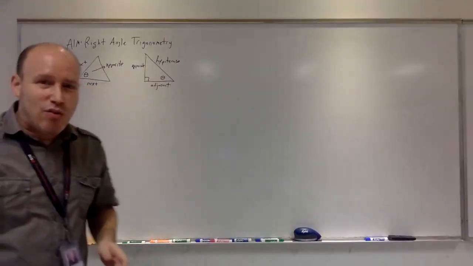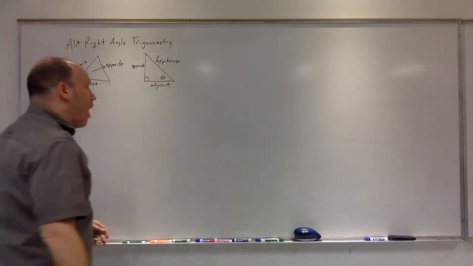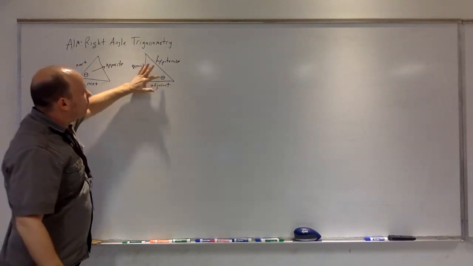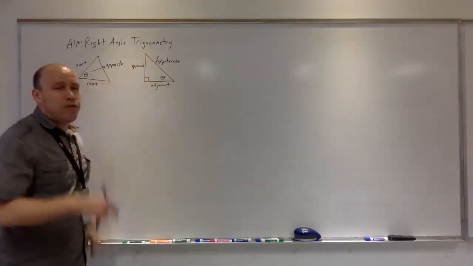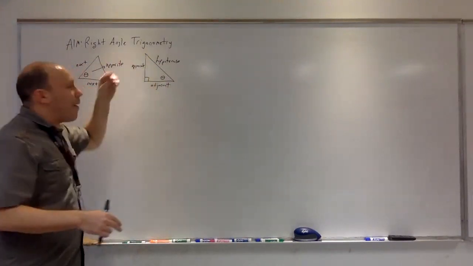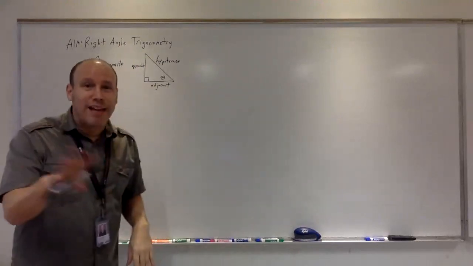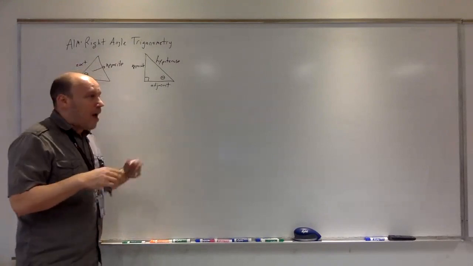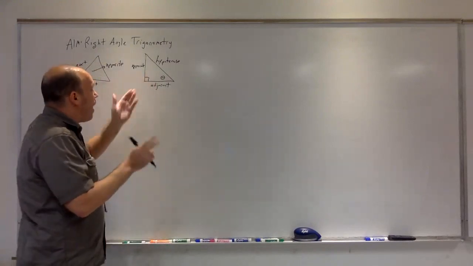If you think about it, in ninth grade, we only looked at the acute angles. In right angle trigonometry, you were never asked what the sine of 90 was, right? Because you were only looking at the acute angles.